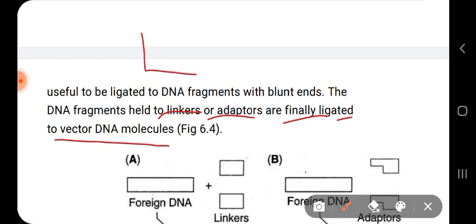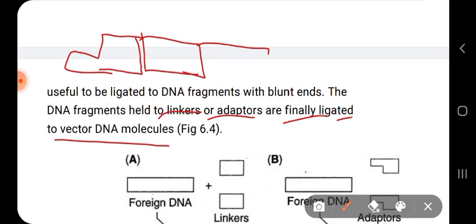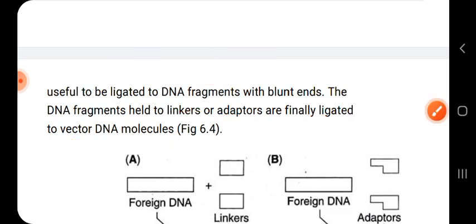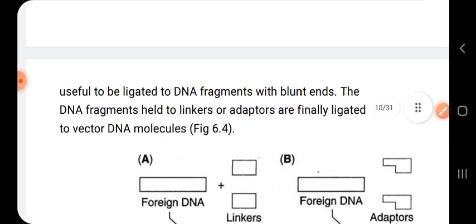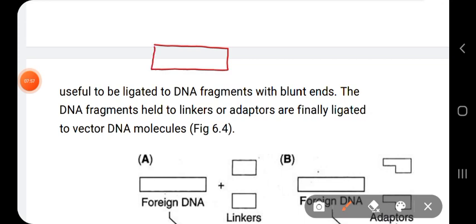If the foreign DNA has a blunt end, the adapter has a sticky end on one side and a blunt end on the other side, and we join them, and thus it can be used. They are ligated with the help of ligase enzyme. If I draw the diagram in a simple way, suppose this is our desired DNA having blunt ends.